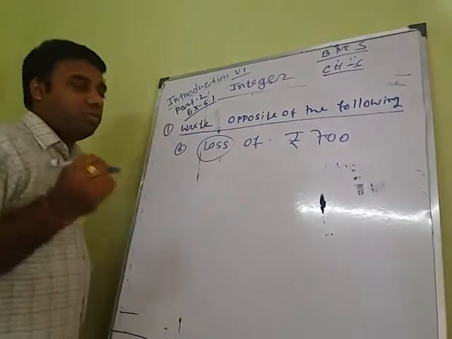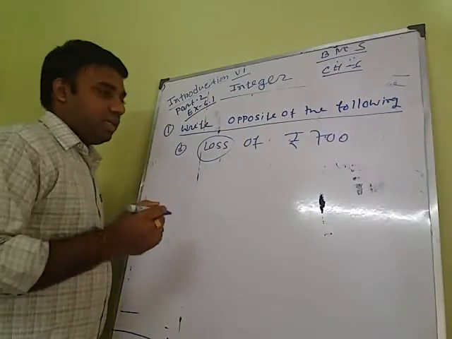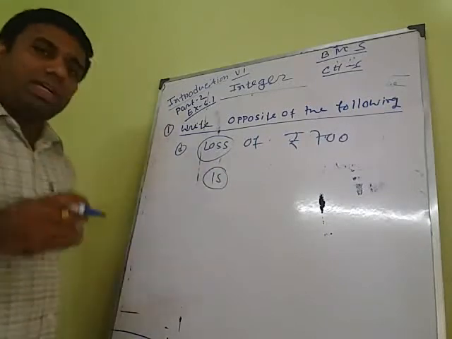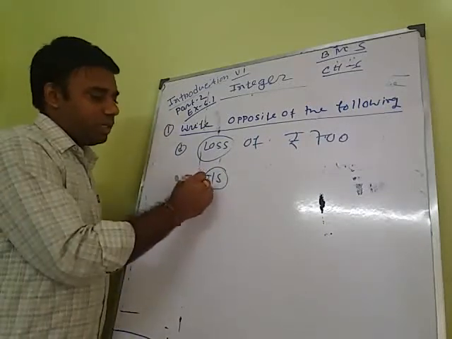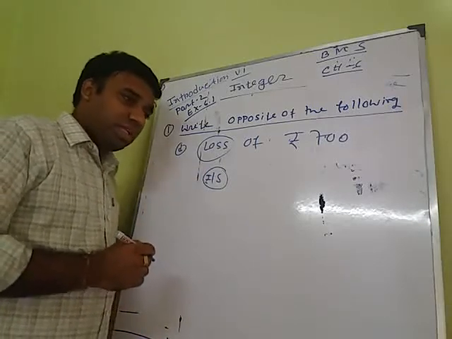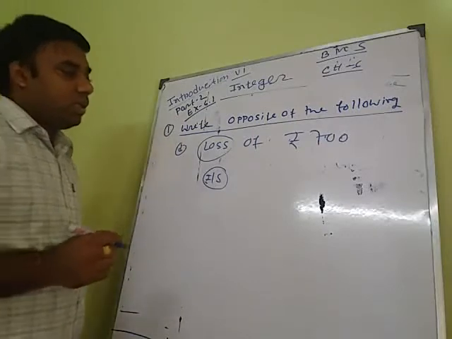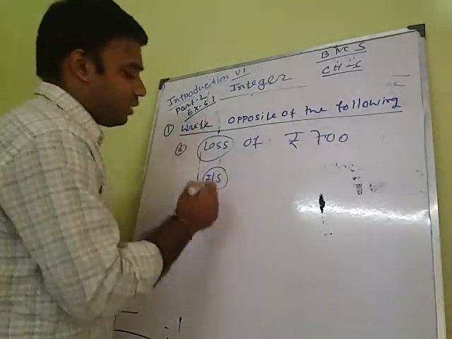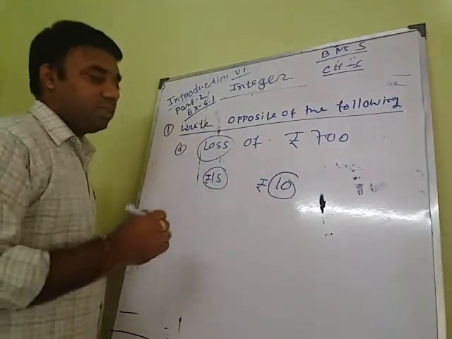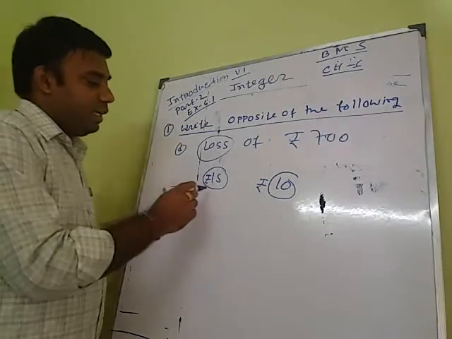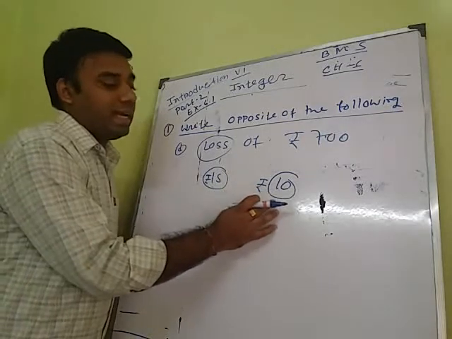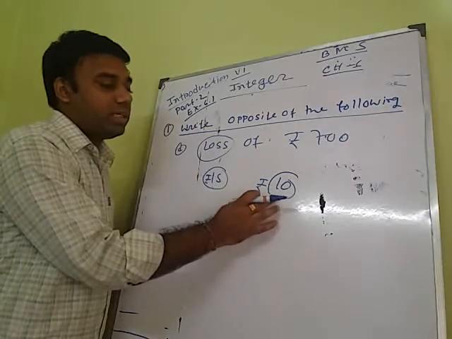Now think, a shopkeeper has bought a pen for 15 rupees, and he sells that pen for 10 rupees. Now he bought it by giving 15 rupees, and he has sold that for 10 rupees.